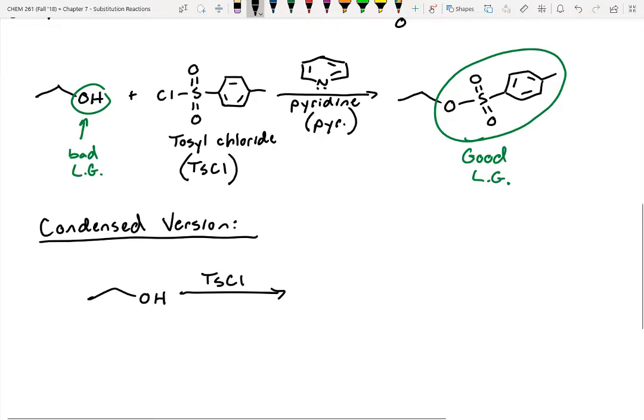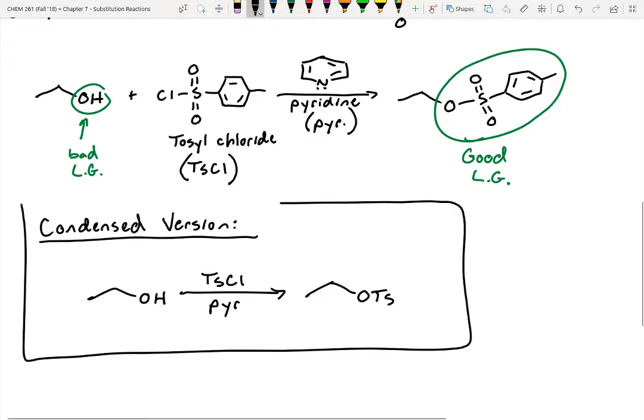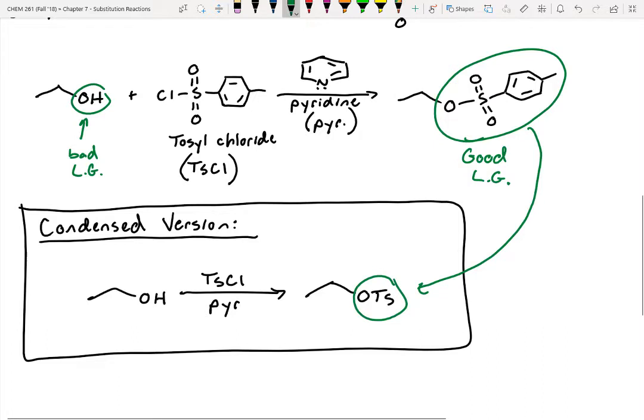I'm going to react this with Tosyl chloride and pyridine. And when it reacts, I'm going to have OTs. So this is a much easier way of showing this whole group here. This whole unit down here is the exact same thing as an OTs group, so you can abbreviate it, shorthand it, makes it a bit easier for everybody to draw. Make sense?